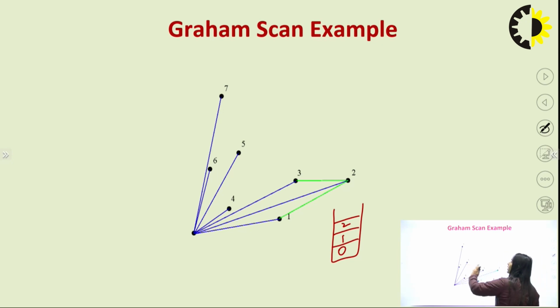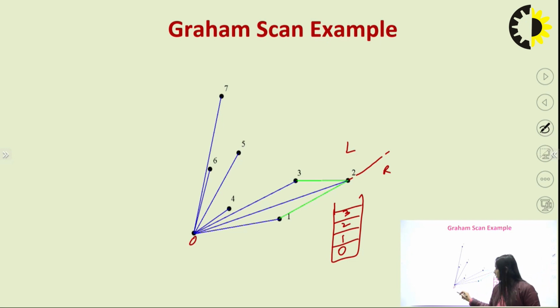So I am going this way, counterclockwise. Now this next point is 2. If I extend this point, this is right and this point is left. When the point lies into the left side, then I push into the stack.